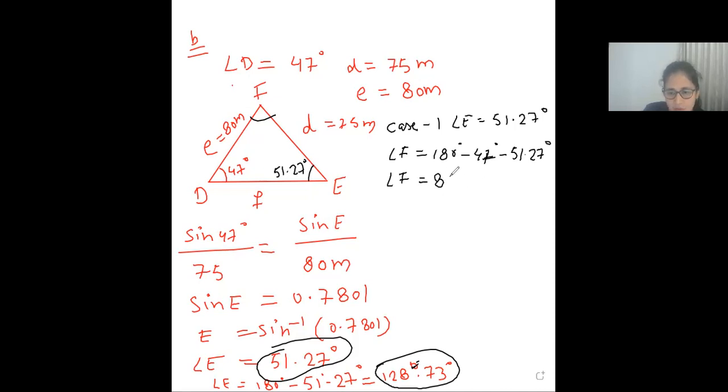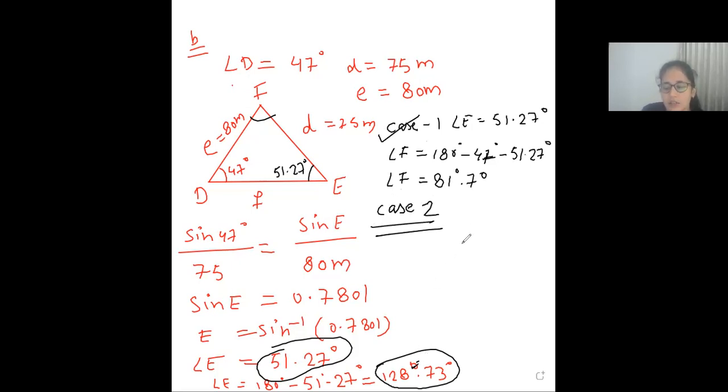It will be equal to 81.7 degrees. So this case is possible when angle F is an acute angle. This is also an acute angle, here also an acute angle, all three adding to 180 degree. So the first case is possible. Let's see case 2.